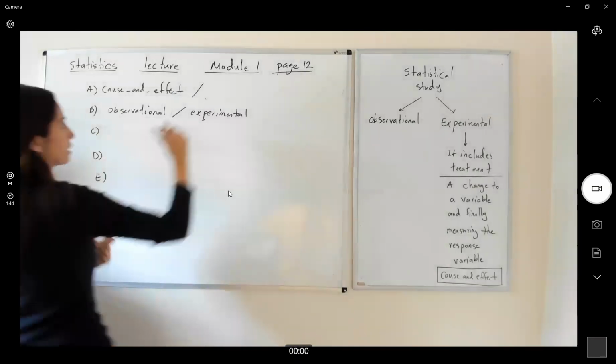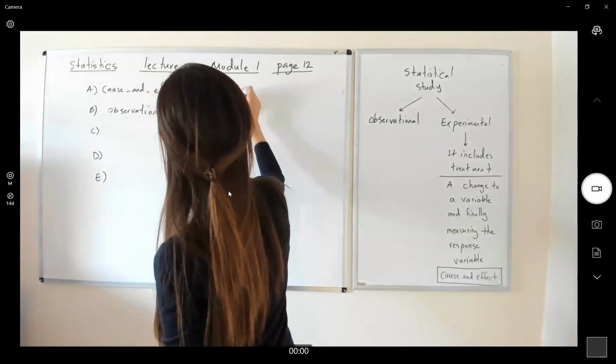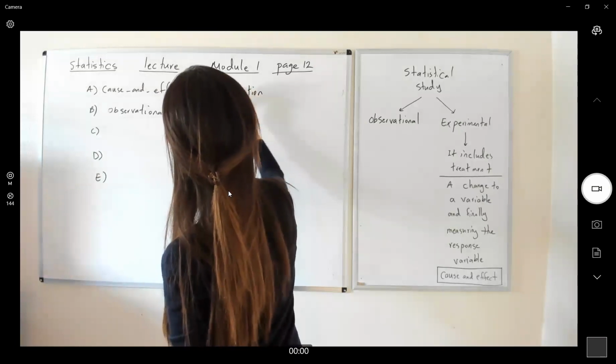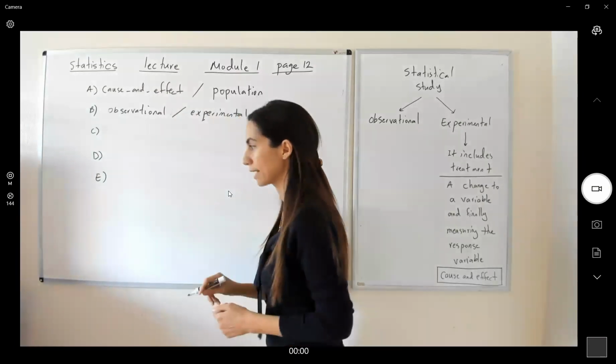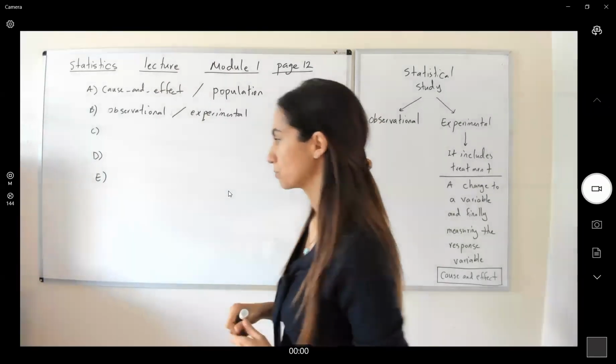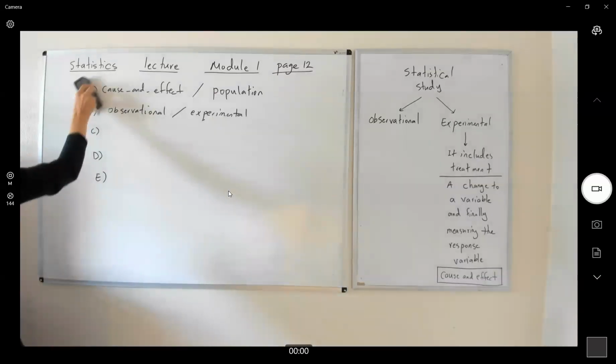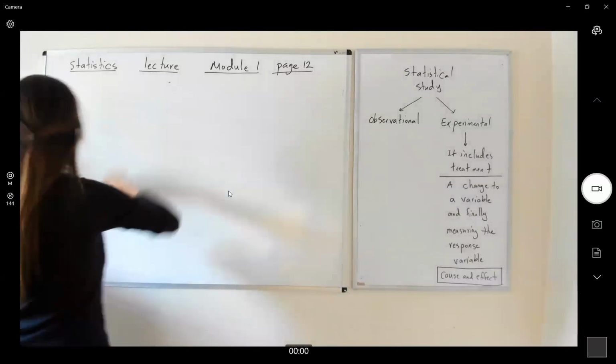Is this cause and effect, or is this a question about population? Part B is asking is it observational or experimental. Part C, sorry, what's the research question? That is part A. So let's erase the whole thing.